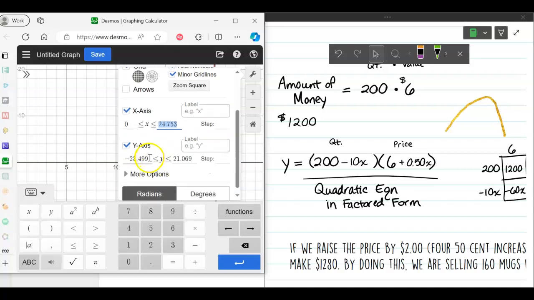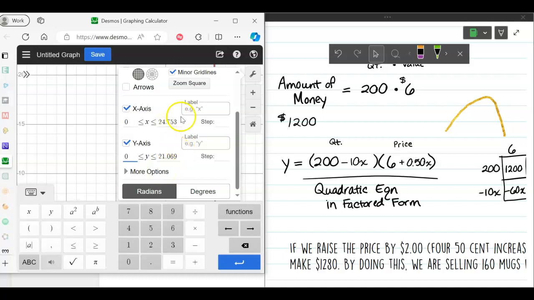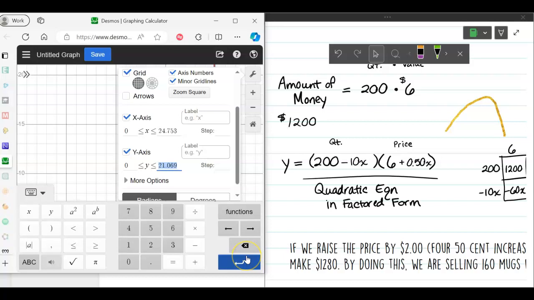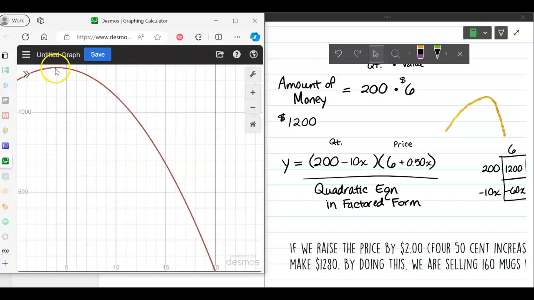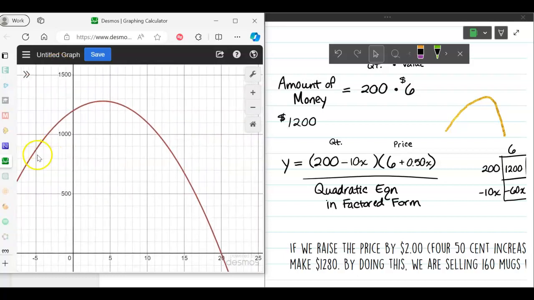Let's see here, making my Y value 0, my X value 0, and I'll make my Y also go up probably to like $1,300. Now I can see that parabola shape a little bit better. I can see that it looks more like a parabola instead of how very tall and skinny it was initially.